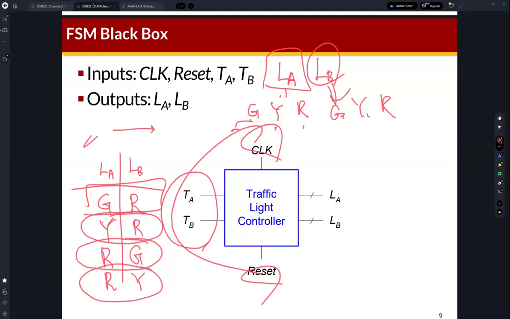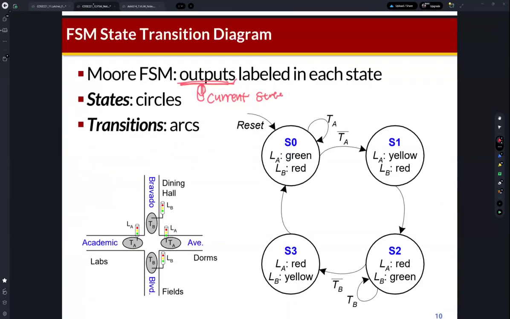So there are 4 different outputs, which means we need to define 4 states. Do you understand? You can find the 4 different states from S0 to S3, and each state includes the output values of the traffic light.